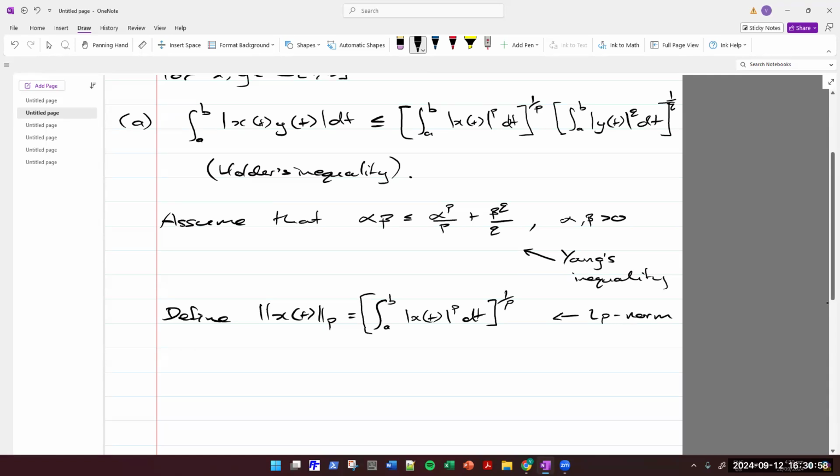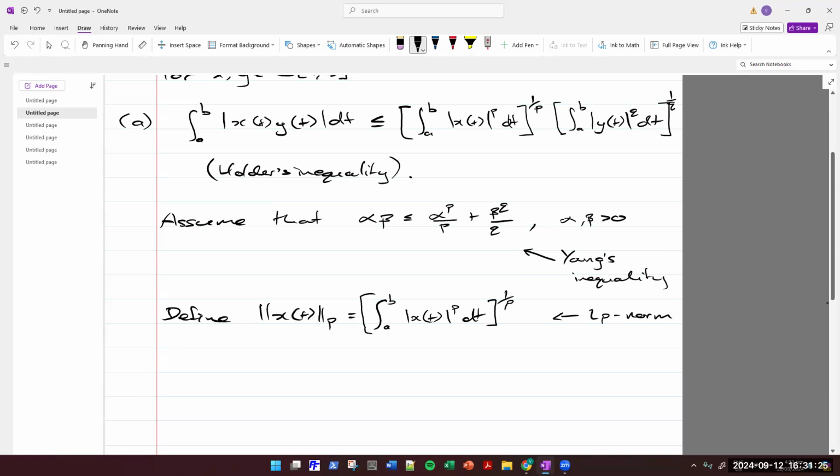But you will have to show that this is a norm. The fact that this quantity, this integral with the p root, 1 over p, actually works out to be a norm doesn't matter for this proof. All we want, the whole reason why we're defining it to be written as a norm, is just to make our life easier, right?